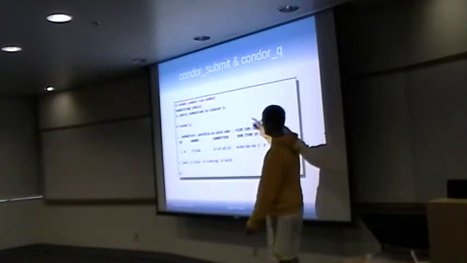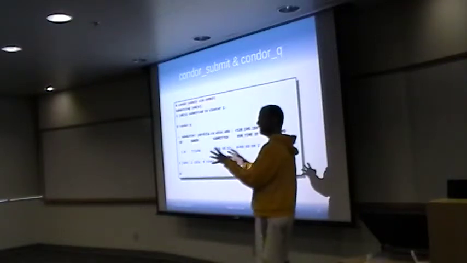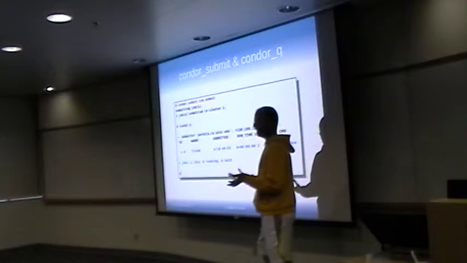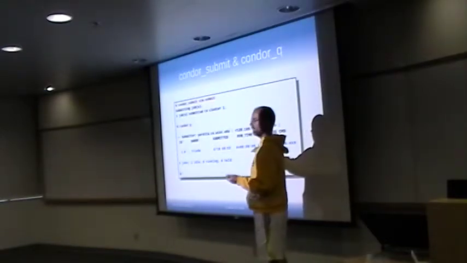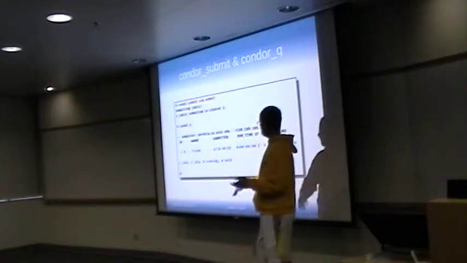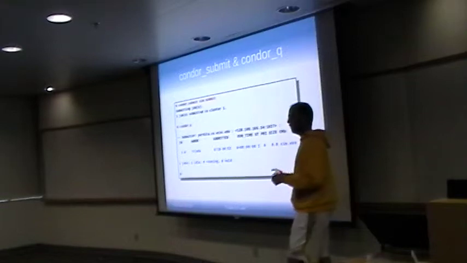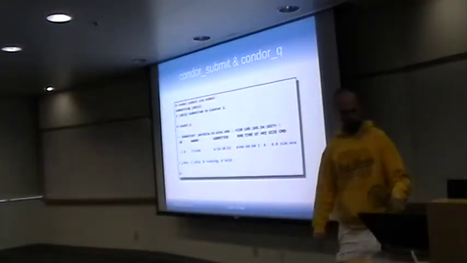Okay, so it was a different submit file because it's simple test exe instead of cosmos. Apart from that small detail, it's idle, which means it's waiting to find a machine to run it. Once it's running, this will get to R, and when it's finished, it will get out of here completely. So you don't see the completed jobs; you see only jobs that still need to be completed with condor_q.